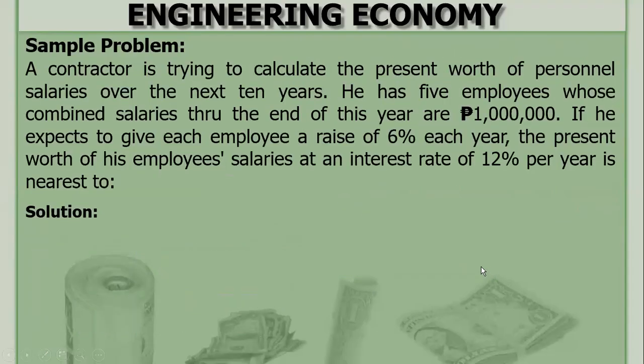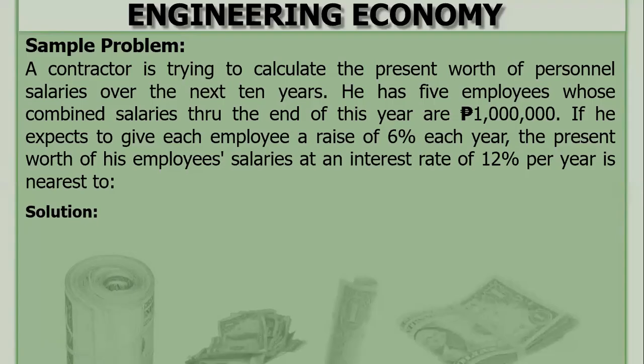Okay. So let's solve some problems. A contractor is trying to calculate the present worth of personnel salaries over the next 10 years. He has 5 employees whose combined salaries through the end of this year are 1 million pesos.